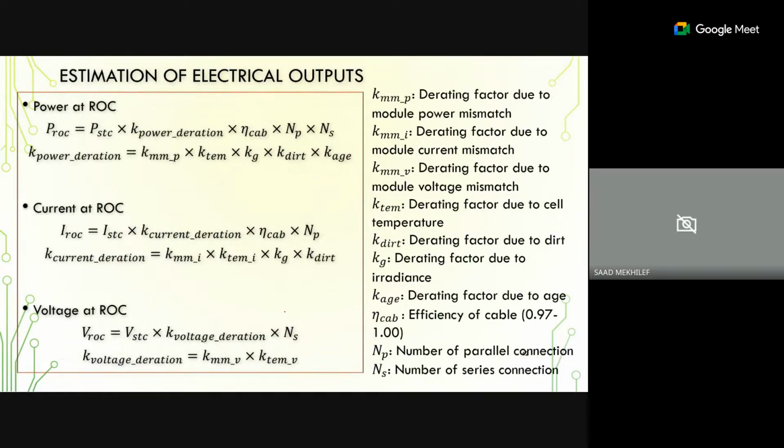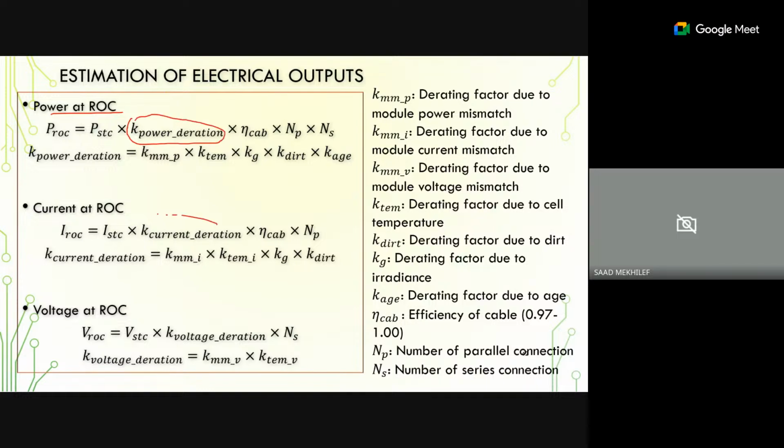So these are the estimations of, for example, the power at different temperatures. The power equals the power at STC, the standard conditions, plus K, which is the derating factor.